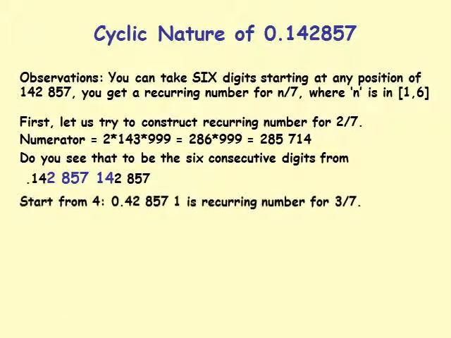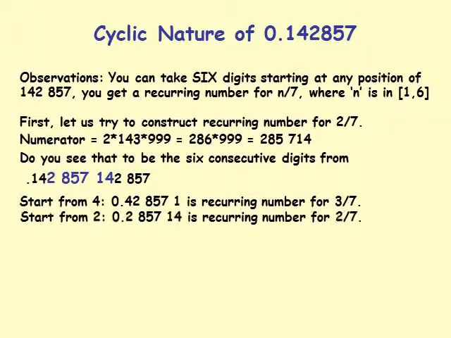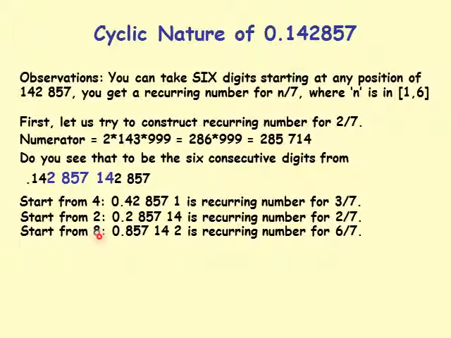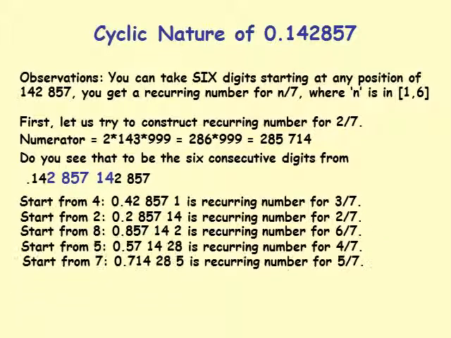If we start at 4, the next digit here, we get 0.428571. That's the recurring number for 3 over 7. Start at the next digit, 2: 285714 is the recurring number for 2 over 7. Next digit, start at 8: 857142 is the recurring number for 6 over 7.